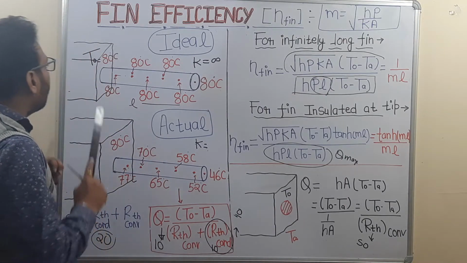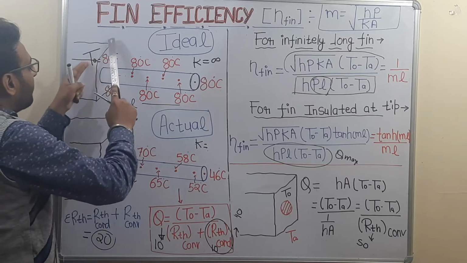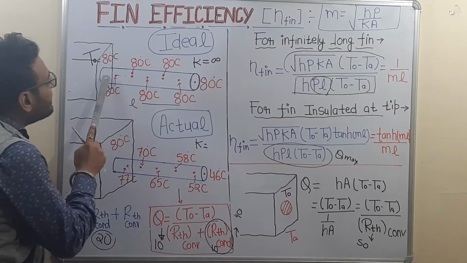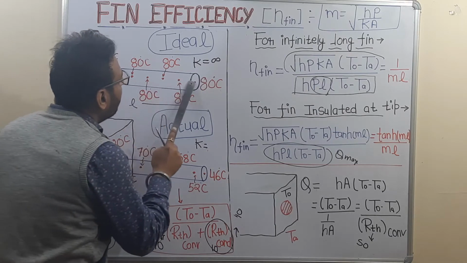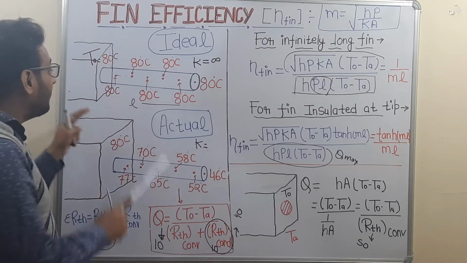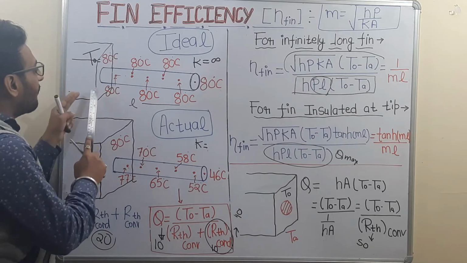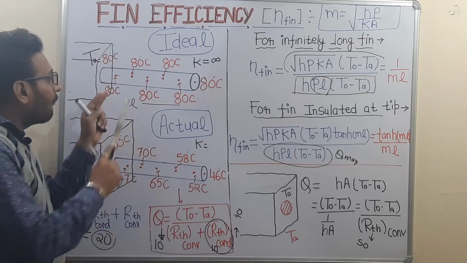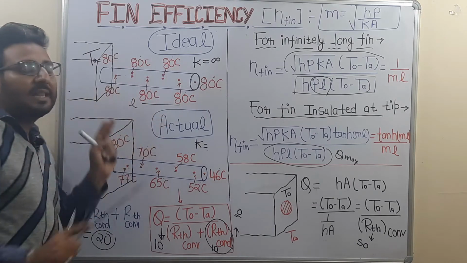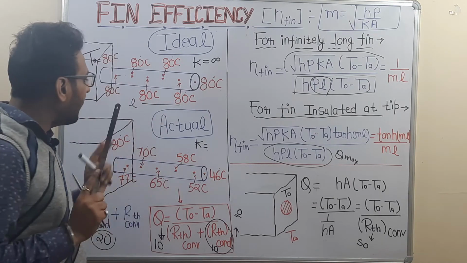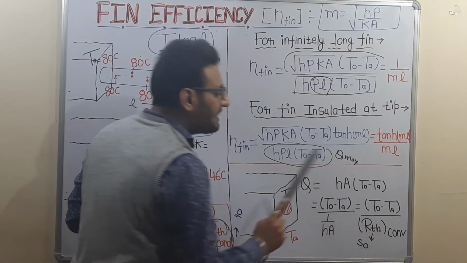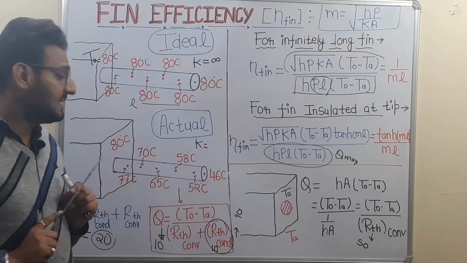First of all, heat is being transferred from the wall to the fin by conduction, and it is flowing through the length of the fin. So in this case, conduction heat transfer is taking place first, and from the surface of the fin, convection is taking place. So in the first case, there is only one thermal resistance, which is convective thermal resistance.